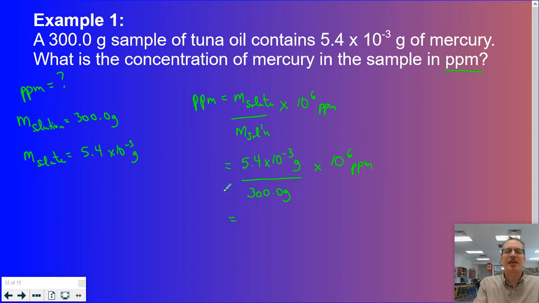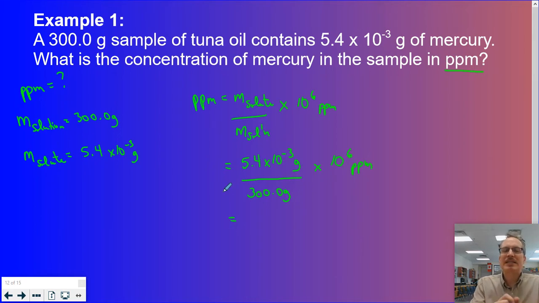So in my calculator, I'm going to type in 5.4 times 10 to the negative 3 divided by 300. Very small number. And then times by 10 to the 6th. If you want to times by 1 million, go ahead and do that.